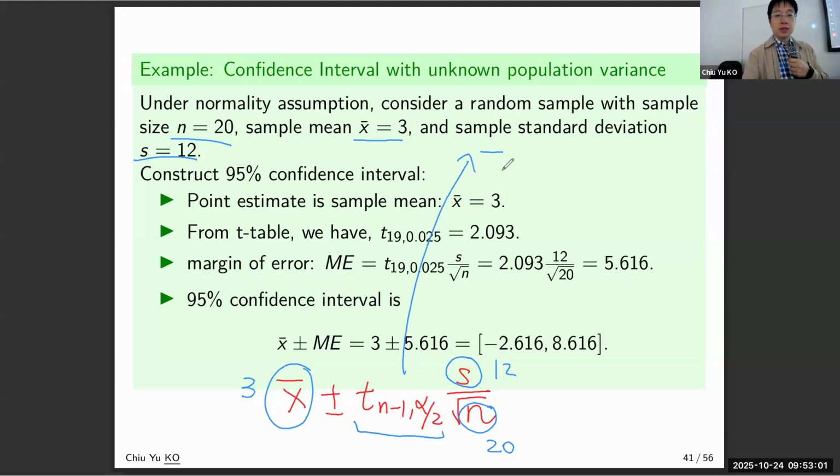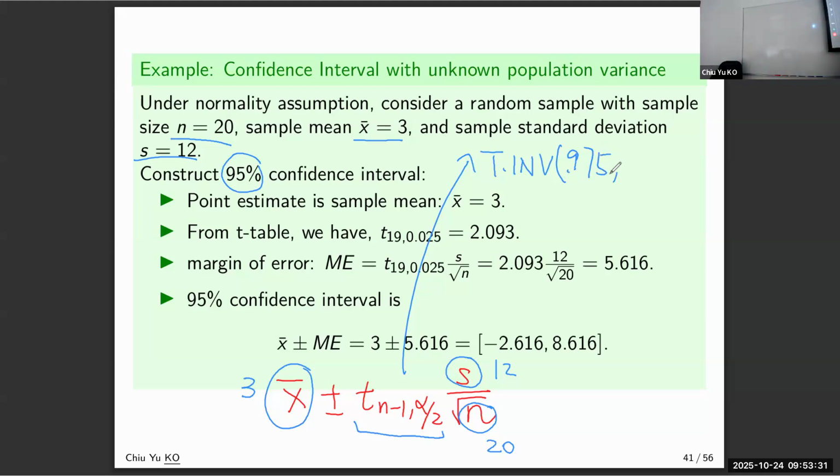But there's nothing deep here. This is just T.INV. 95%, again, means 1 minus alpha is 5%, so alpha is 5%. Alpha over 2 is 2.5%, and then 1 minus alpha over 2 is 97.5%, so it's 0.975.